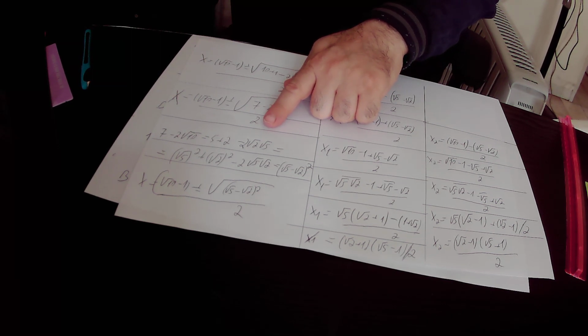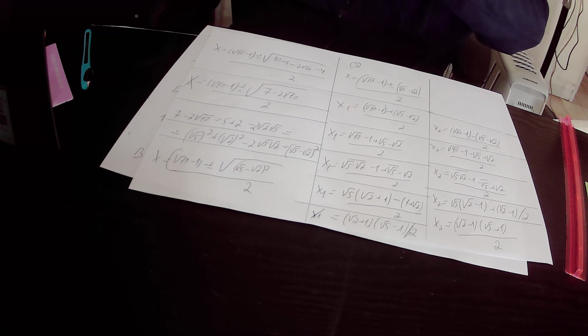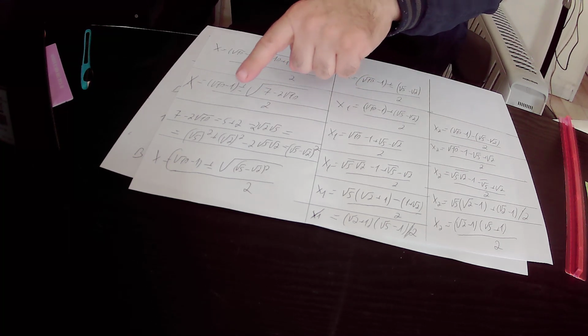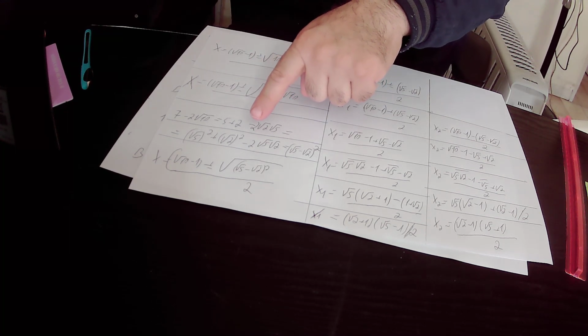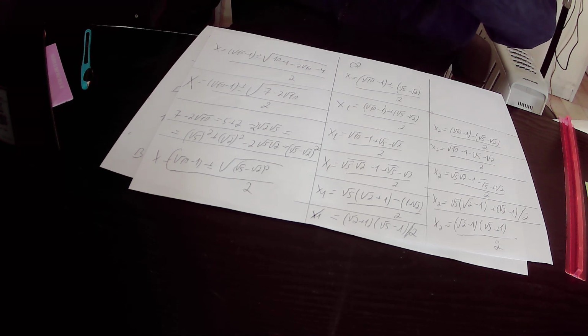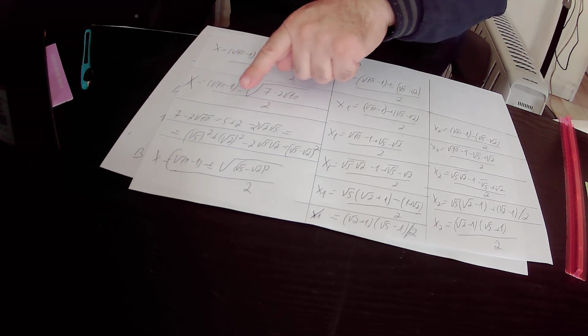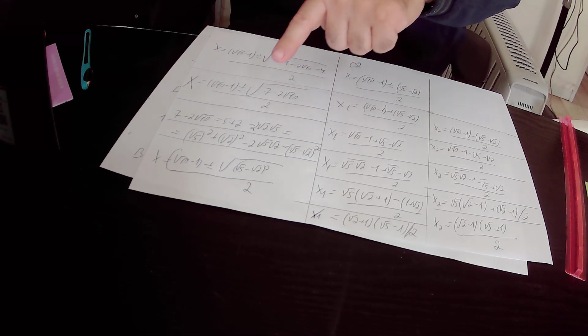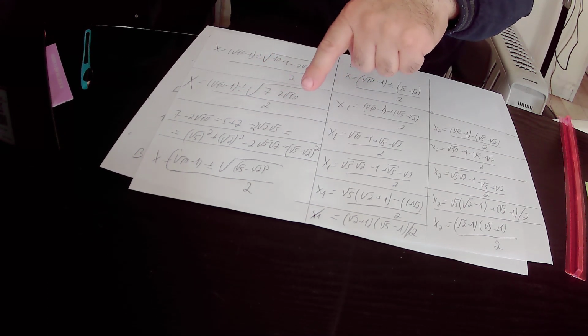In conclusion we will have 5 plus 2 minus 2 times square root of 2 times square root of 5, and we know that 5 is square root of 5 squared and 2 is square root of 2 squared. So we found that 7 minus 2 times square root of 10 is square root of 5 squared plus square root of 2 squared minus 2 times square root of 5 times square root of 2.